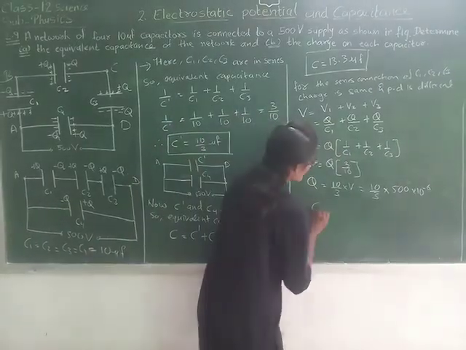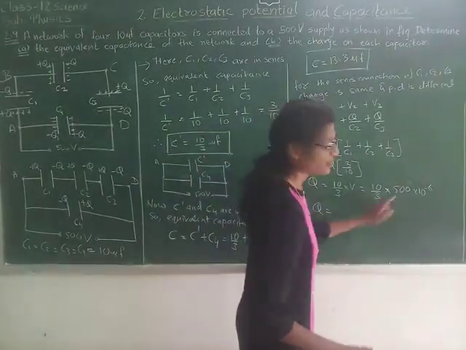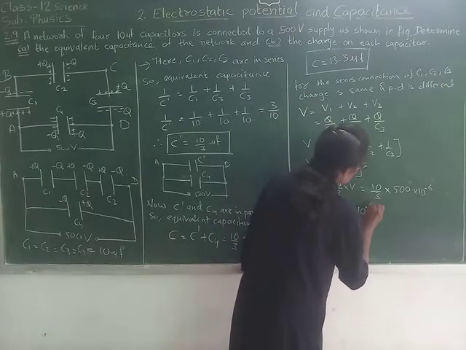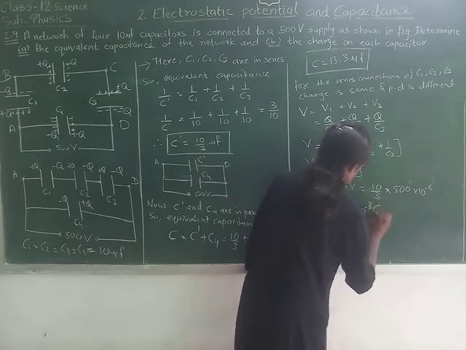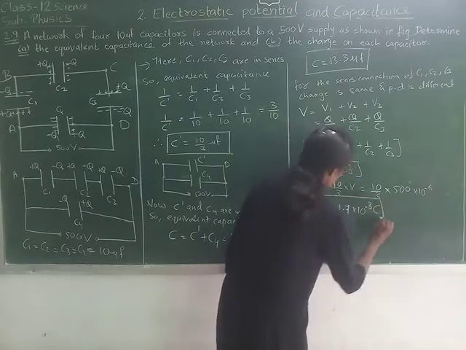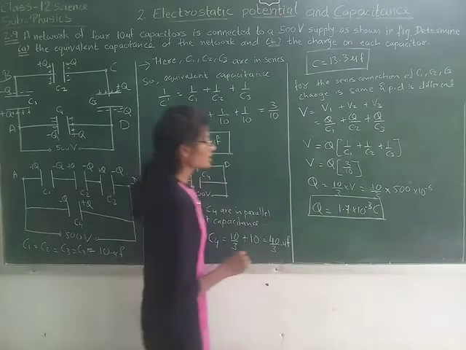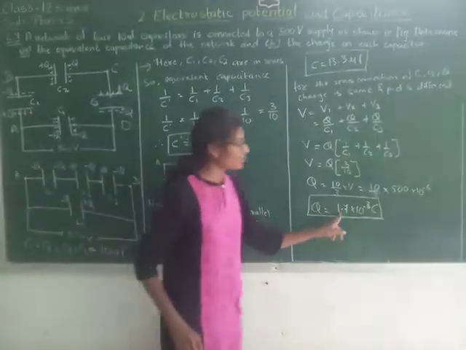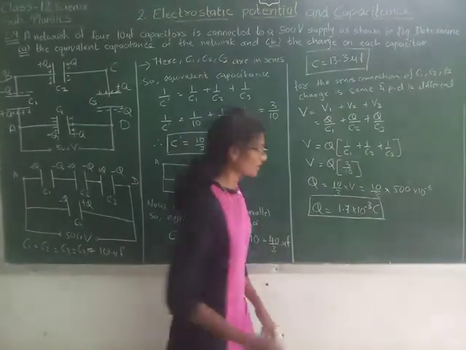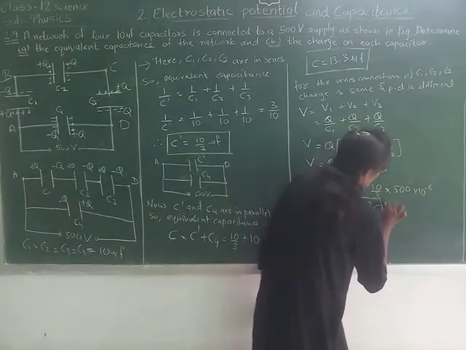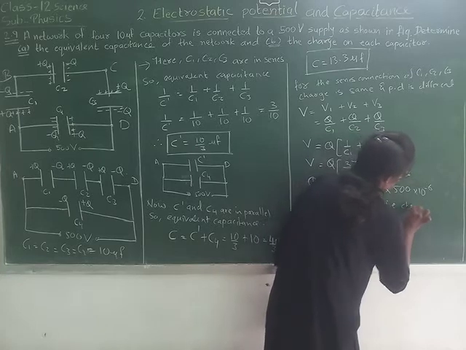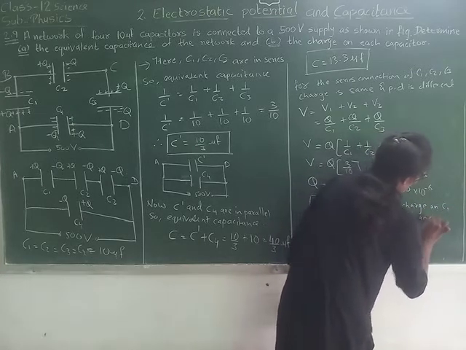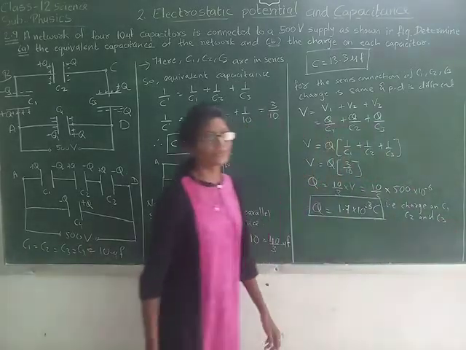So when we calculate this, the value we get is 1.7 into 10 raised to minus 3 coulomb. Thus, the charge on each of the capacitors C1, C2 and C3 is 1.7 into 10 raised to minus 3 coulomb.